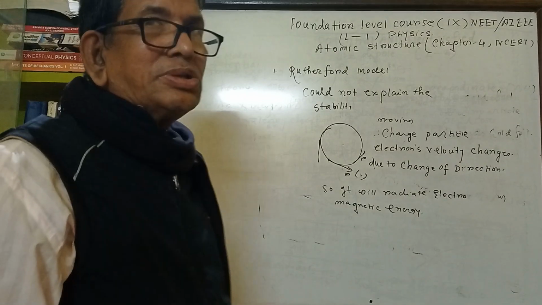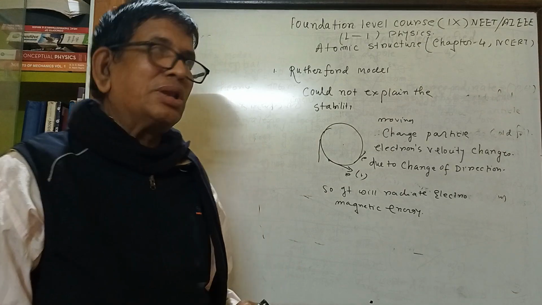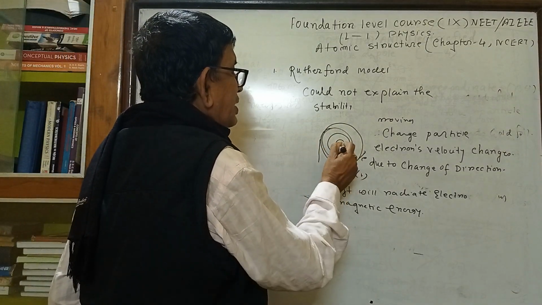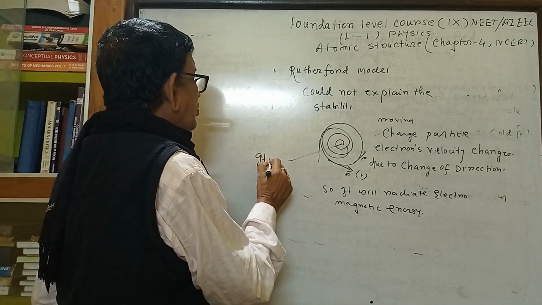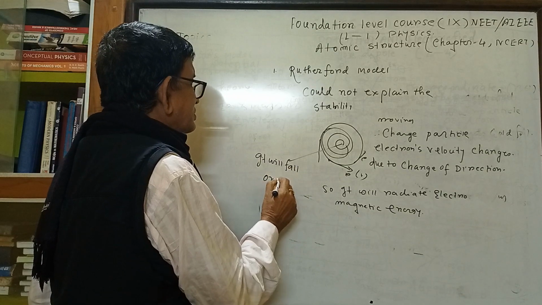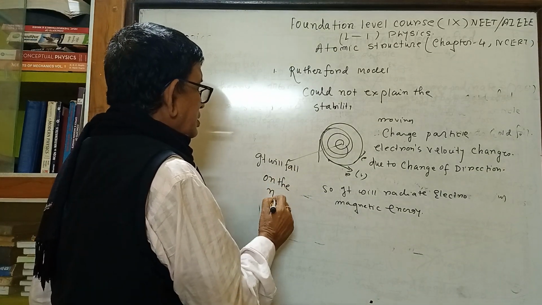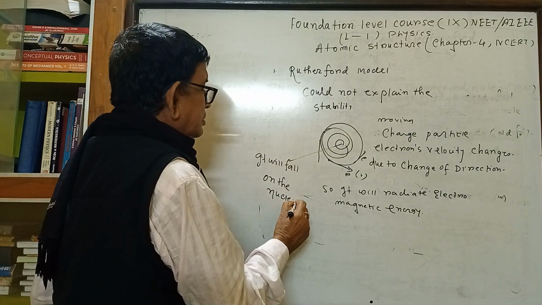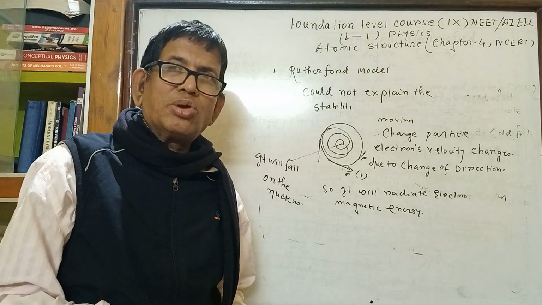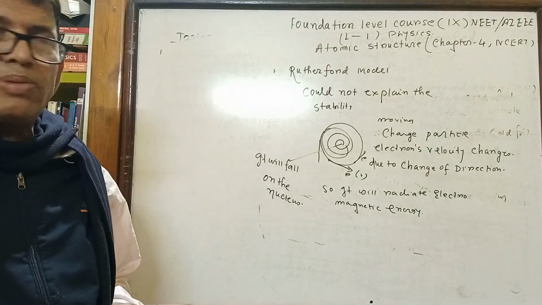But due to the continuous pull by the nucleus on the electron, the electron will fall on the nucleus. Again I am telling, the Rutherford model could not explain the stability of the atom.